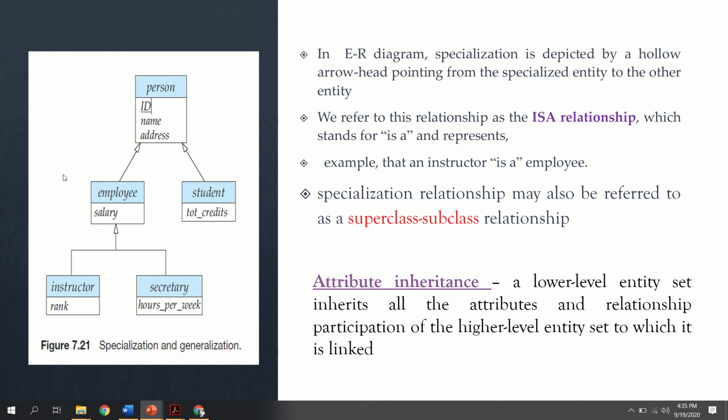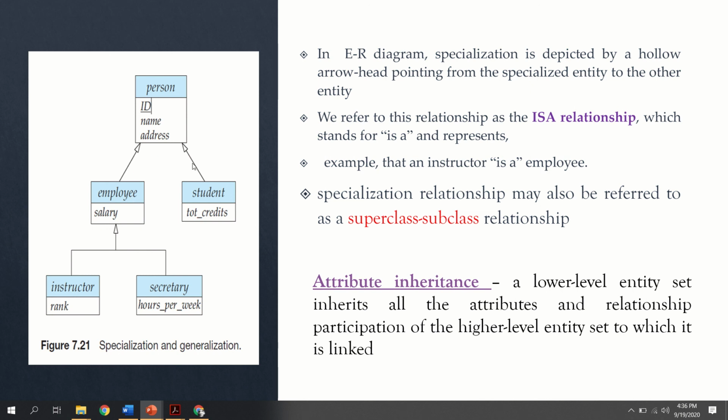There are two types of specialization, disjoint and overlapping. In the case of overlapping, if you take an entity, that may appear in both subsets. And in the case of disjoint, if you take an entity, that will be in any one of the subsets.